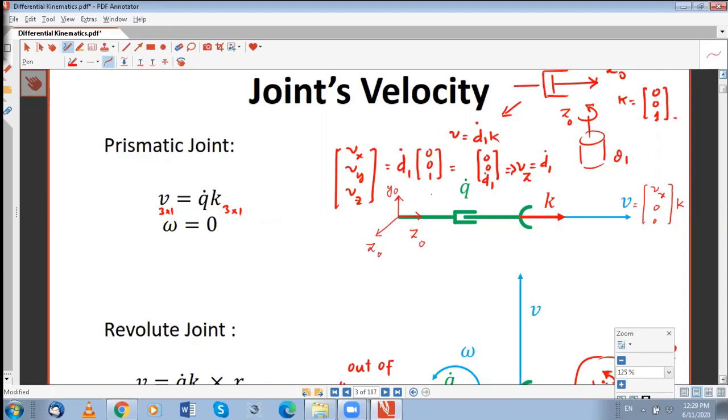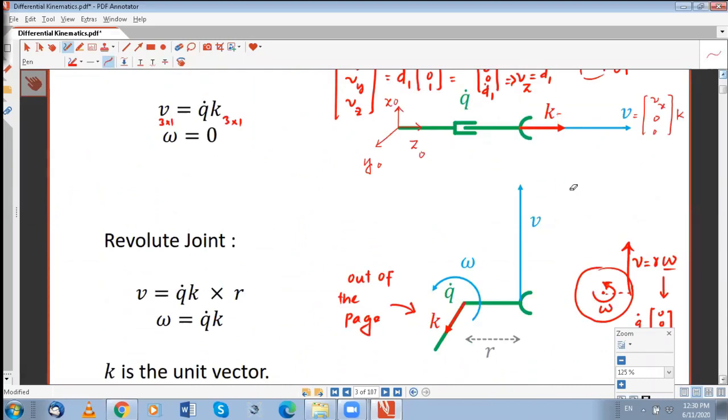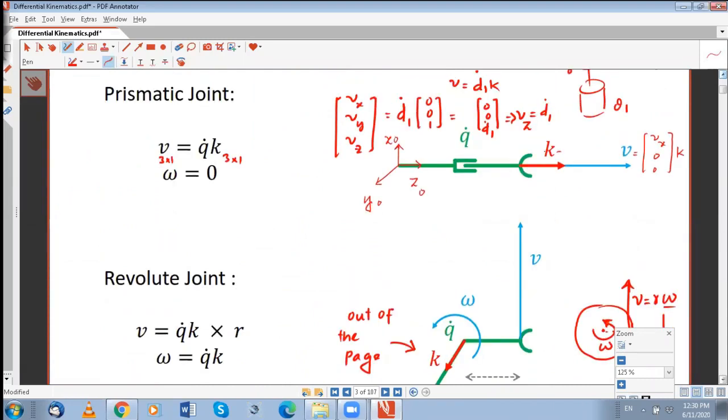This is our x naught, this is our y naught out of the page. So z naught, then this k is the unit vector along z naught, the standard unit vector, which is 0, 0, 1.